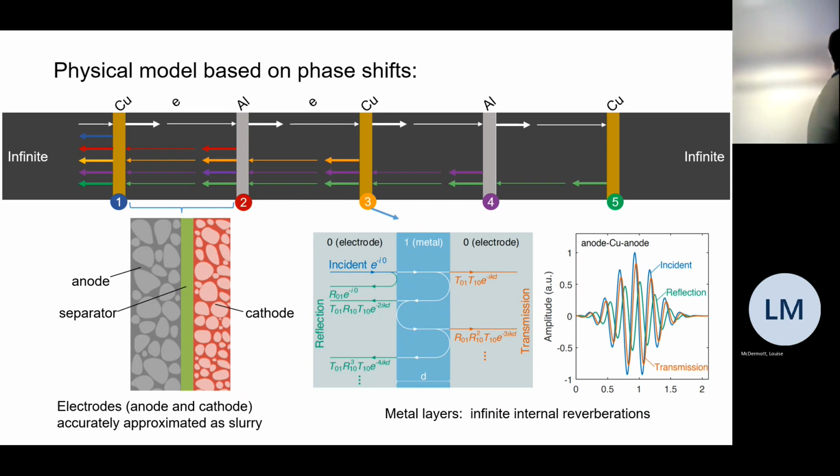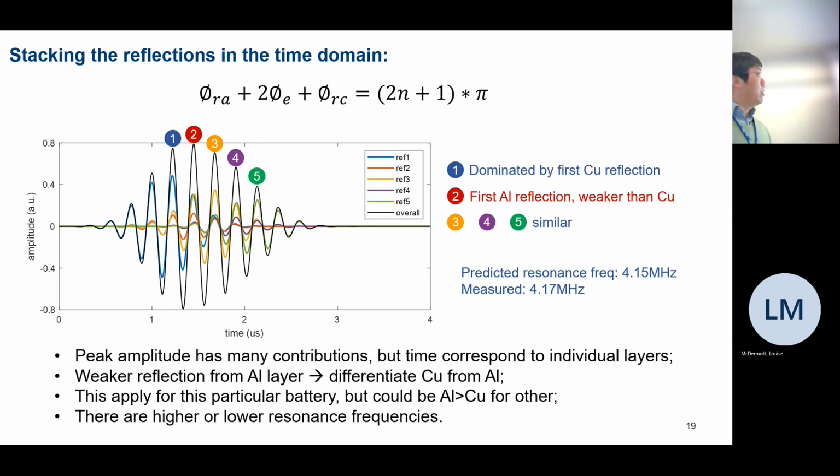And also inside of these thin layers, because they are extremely thin, the incident wave will have local reverberations inside of these metal layers, which also contributed to the phase shift. So by taking up all these phase shift contributing factors, we end up with very simple equations in the end to calculate how the phase shifts are generating these resonances.